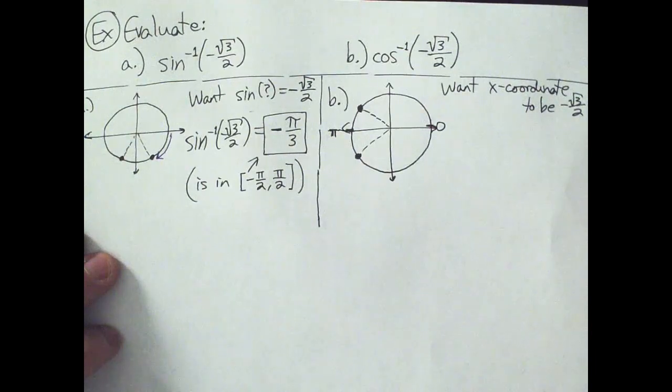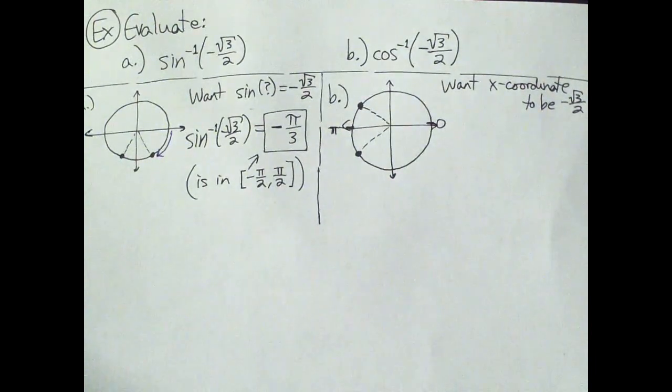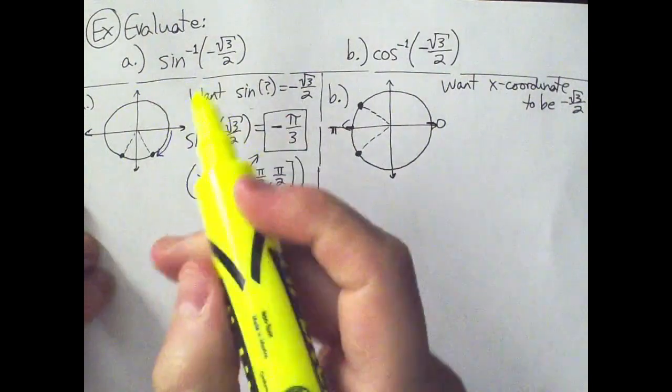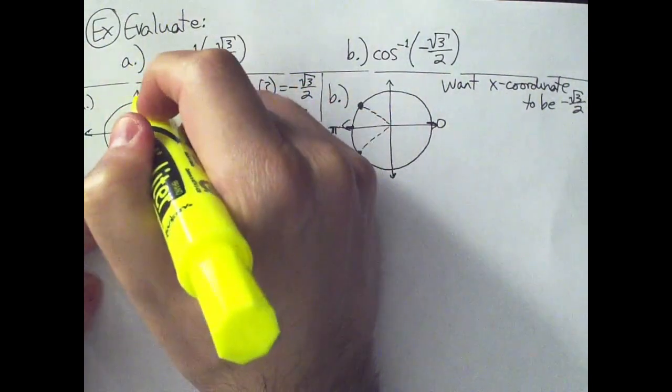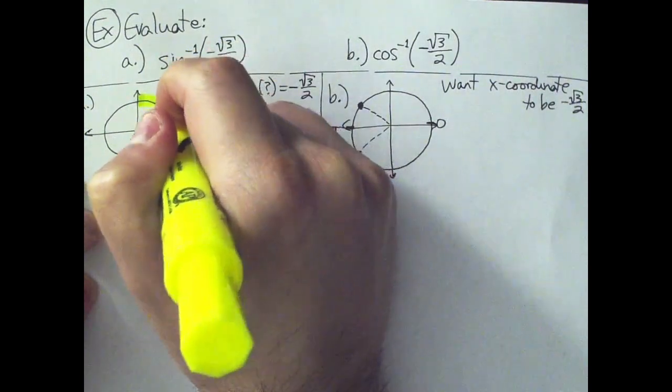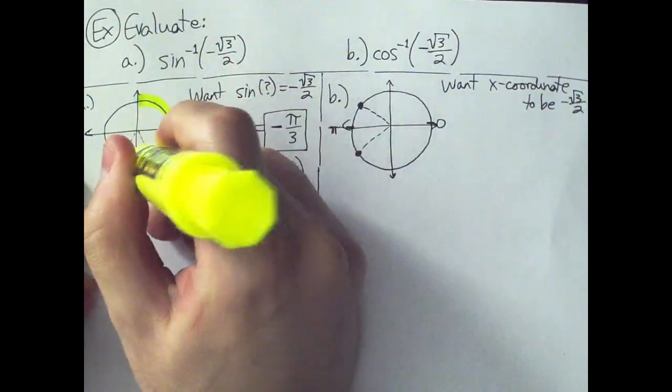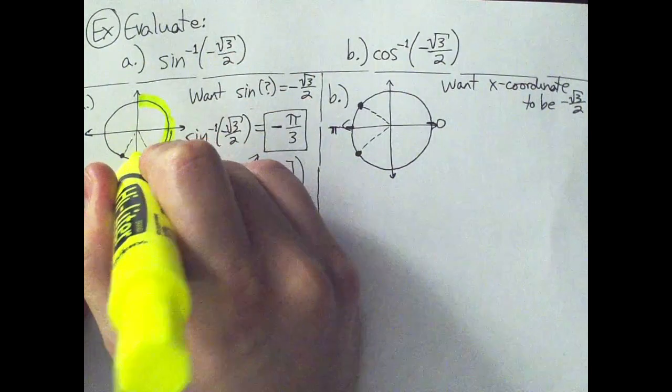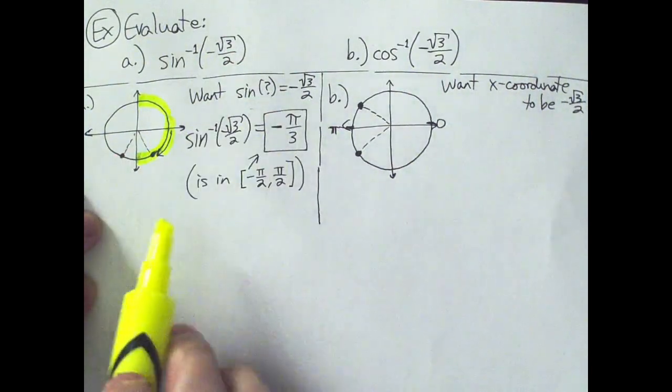So I guess you could say that with inverse sine, when we restrict the domain, maybe this will help. I'm going to get out a highlighter. With inverse sine problems, we need to be in this half of the unit circle. I don't know how well the highlighter shows up on the screen, but it's not bad.